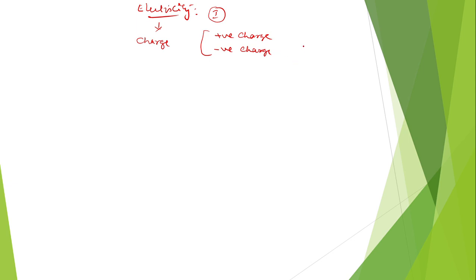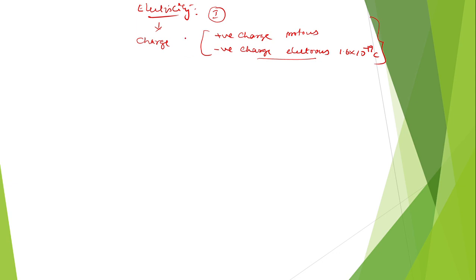Negative charge means electrons, and positive charge means protons. The charge of an electron is 1.6 into 10 to the power of minus 19 coulomb. This we have in our textbook.